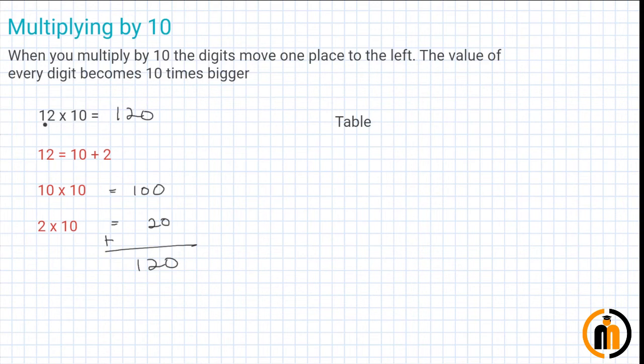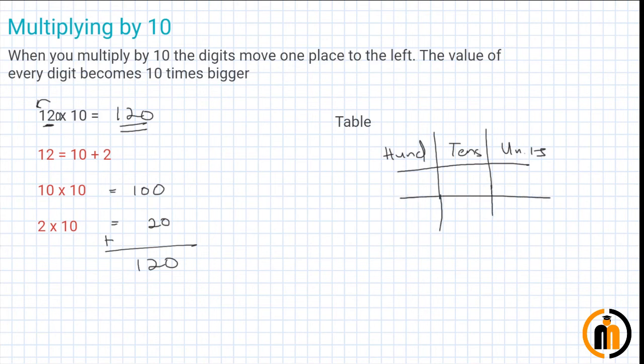Notice how 12 is moved to the left and a 0 is added to the back for the answer. This is what it means: it became 10 times bigger, 12 to 120. Another way to look at this is if I draw you a table: hundreds, tens, and then units.